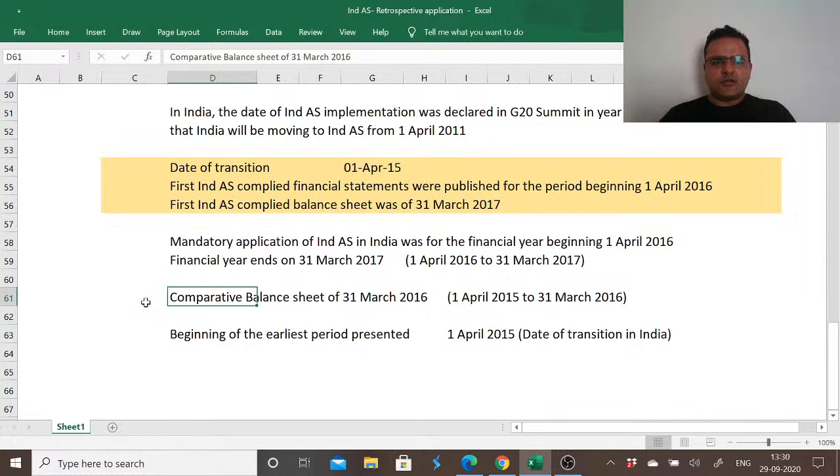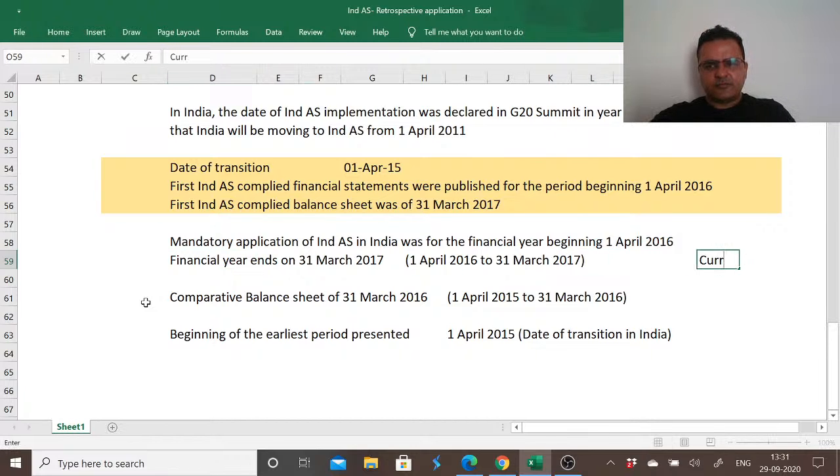All the three statements are correct. So this is the current period. This is the comparative period.